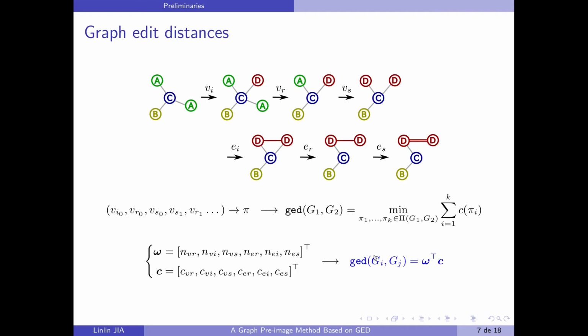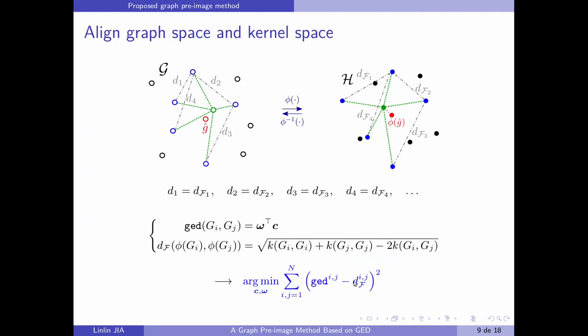We denote the costs of operations by the vector c, and the numbers of occurrences of each operation by the vector omega, and the GED between two graphs can be rewritten as a multiplication of these two vectors. To construct the pre-image, we first need to align the graph space and kernel space by matrix learning.